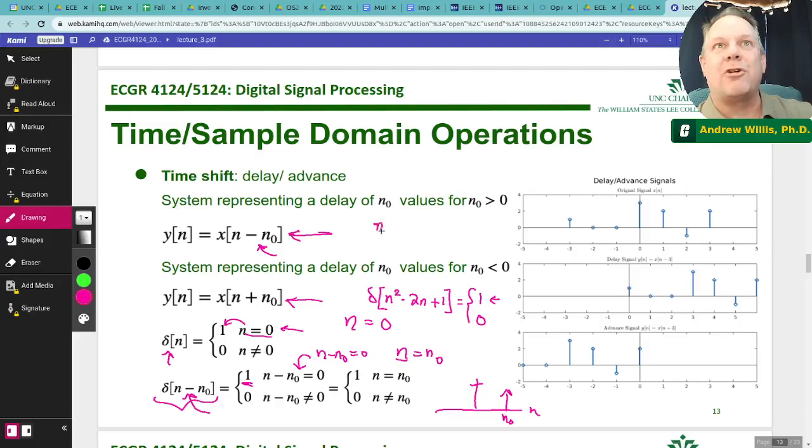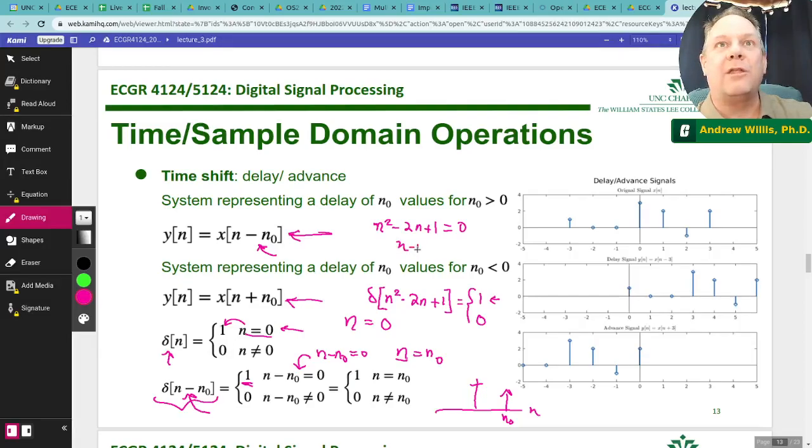Right, the procedure would be, let's set n squared minus 2n plus 1 equal to 0, and find the values of n that satisfy this equation. What are the two values of n that factor this?